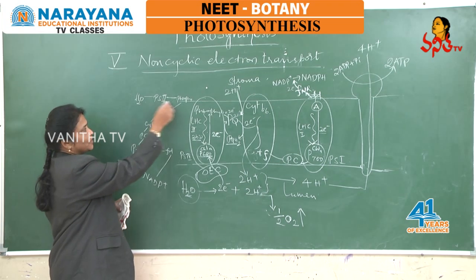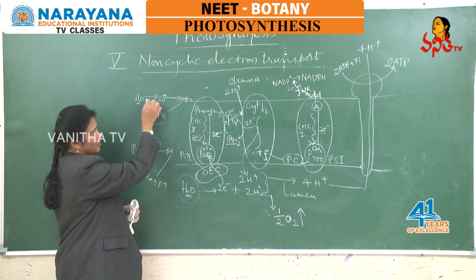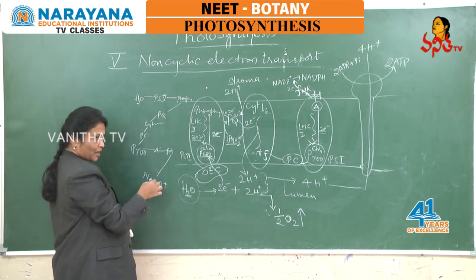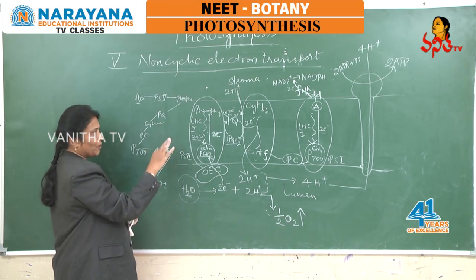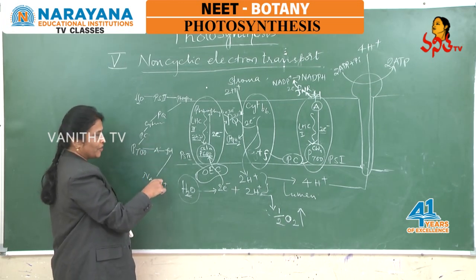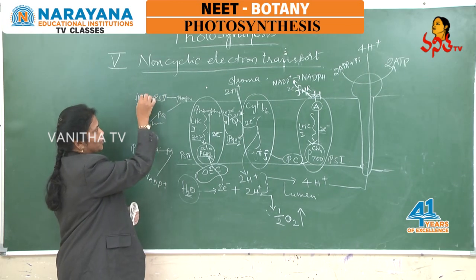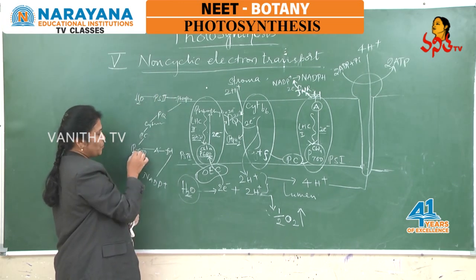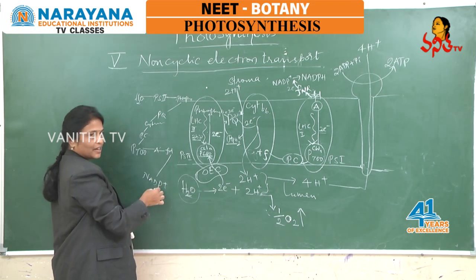So, as we follow this kind of electron transport, this is non-cyclic electron transport. No electrons go back to their original home. Electrons of water go to PS2, PS2 to PS1, PS1 to NADP plus.